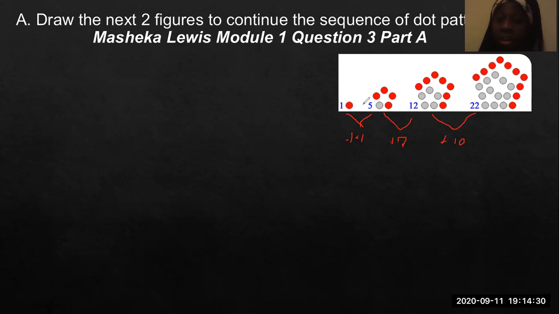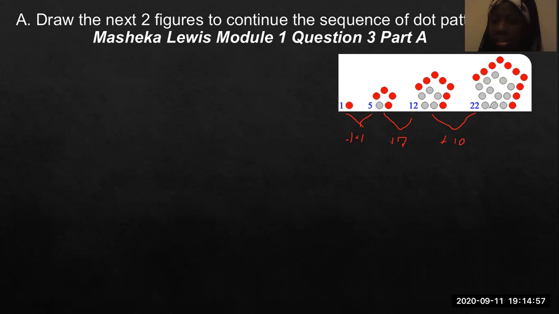Okay, so if we look at these, we'll notice 1, 5, 12, and 22. At first, you won't think there's a pattern until you look at the numbers 1 and 5. You have to add 4 to 1 to get 5. Then when you look at 5, you have to add 7 to get 12.